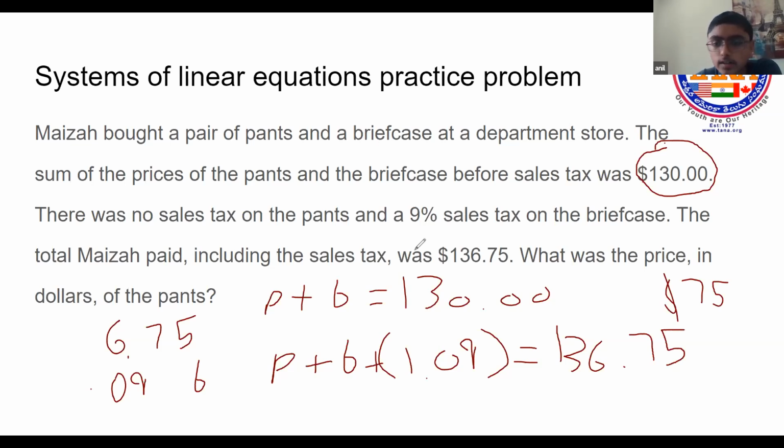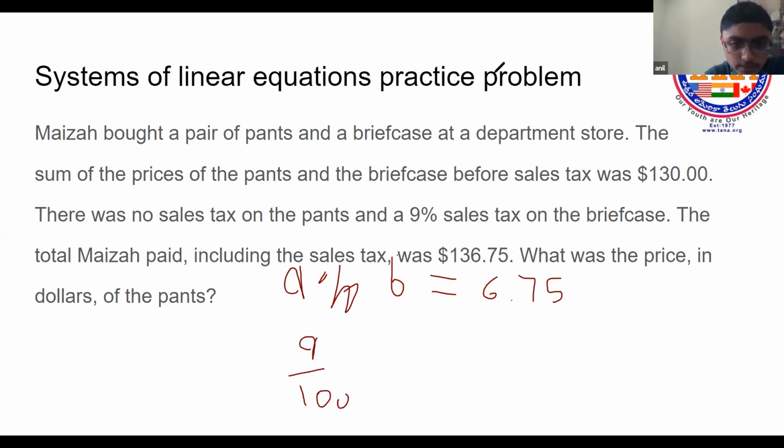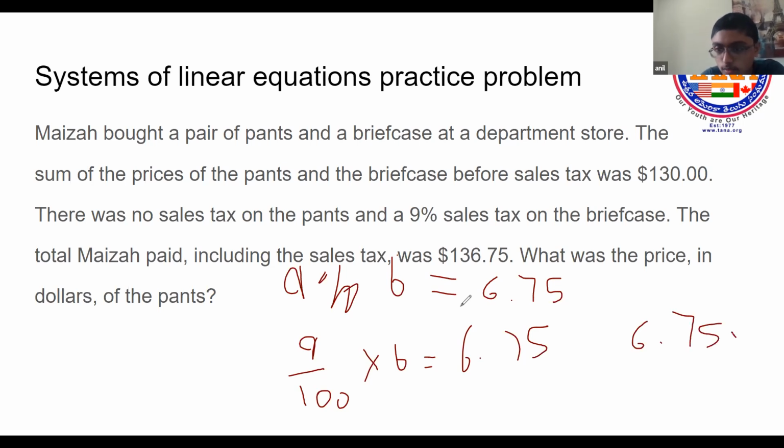I'm gonna work in a much neater way. So 9% of B equals 6.75. So then you do 9 over 100 to represent the fact that it's 9% times B is 6.75. Now you isolate for B. You do 6.75 times 100 over 9 to get the value of B, which in this case is 75.